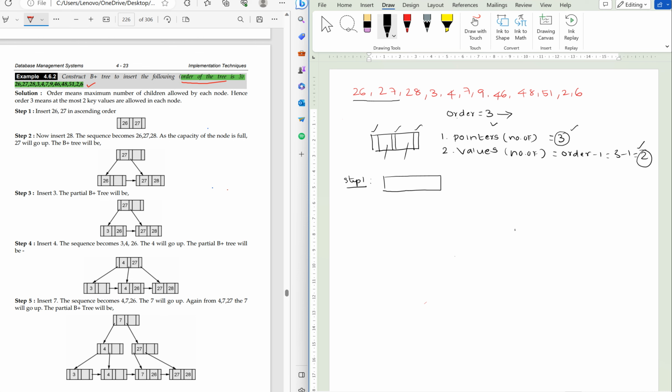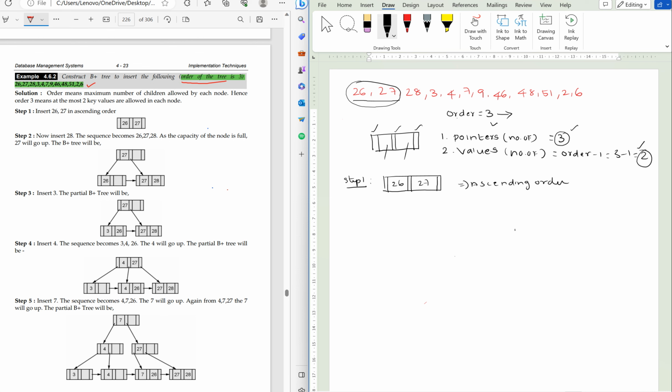Based on the order, we design the node with 3 pointers and 2 values. Since 2 spaces are available, 2 values can be inserted, so we take these 2 values, 26 and 27, and insert them directly. The values in the node should be in ascending order. Keep this in mind.